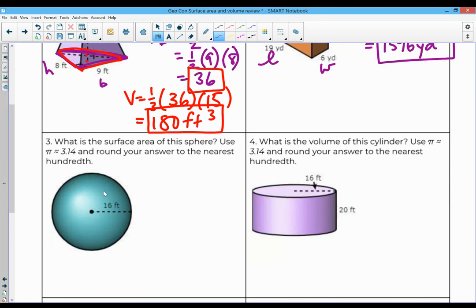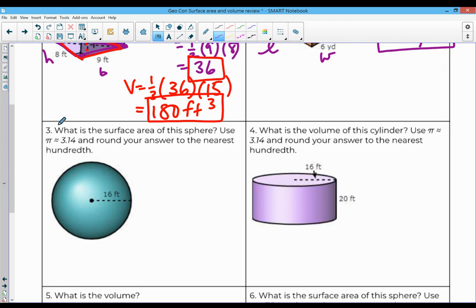Number 3, what is the surface area of this sphere? Use pi is approximately equal to 3.14 and round your answer to the nearest hundredth. From the formula sheet, we know the surface area of a sphere is 4 pi r squared.